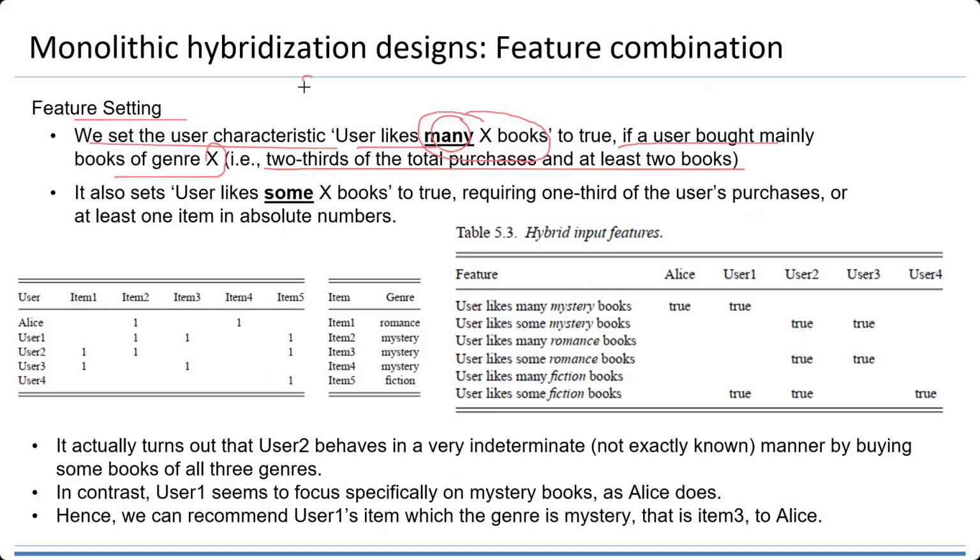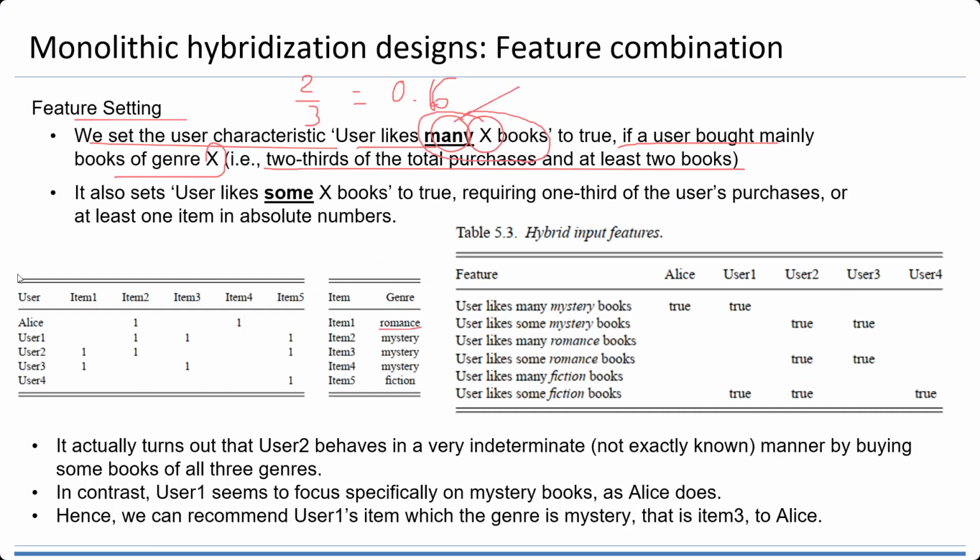2/3. So it means two among three books. Or maybe the percentage is 0.66 from the total purchase. They are in the category of X. For example, X is romance. So if romance is 0.66% among the total products, then we can say it is many.